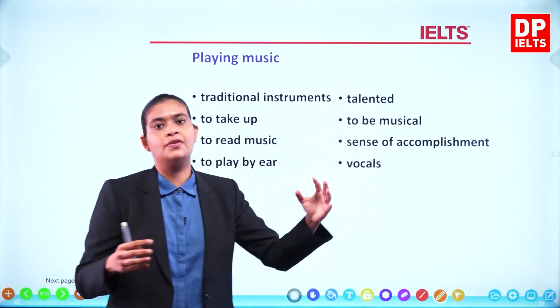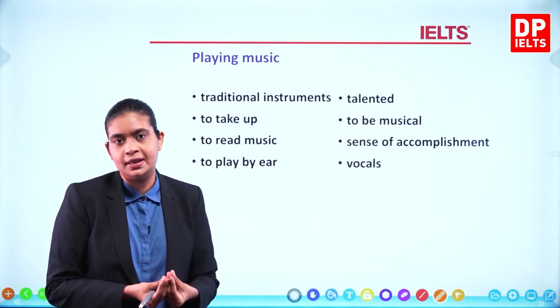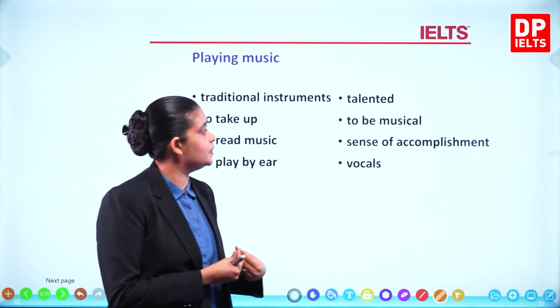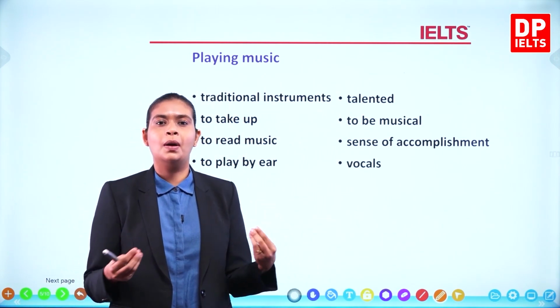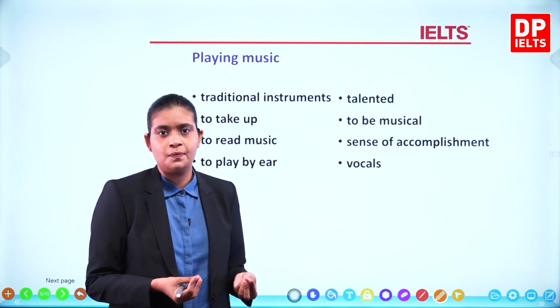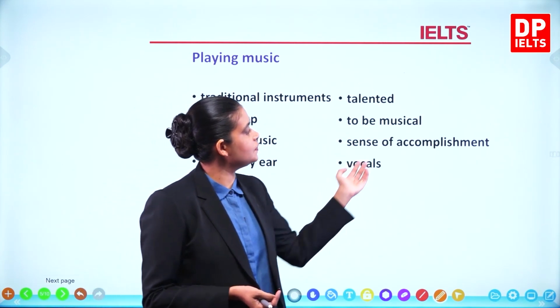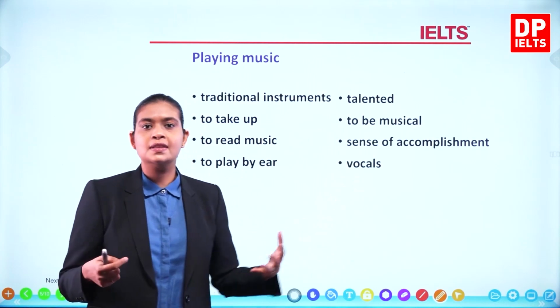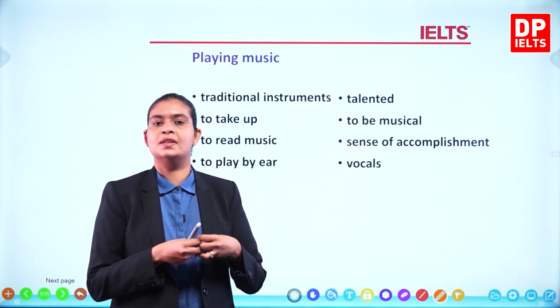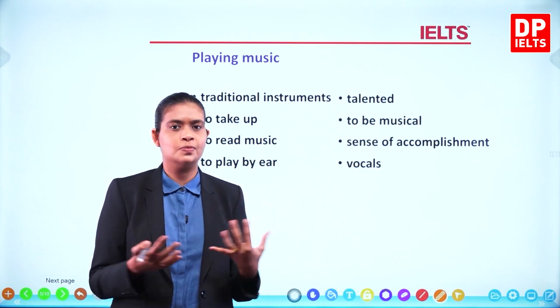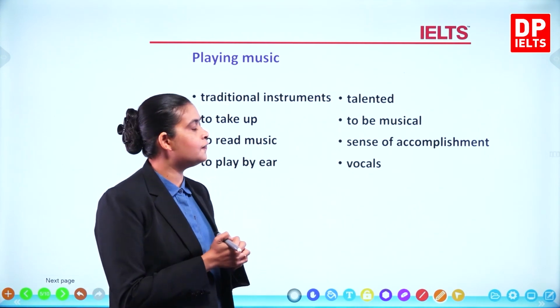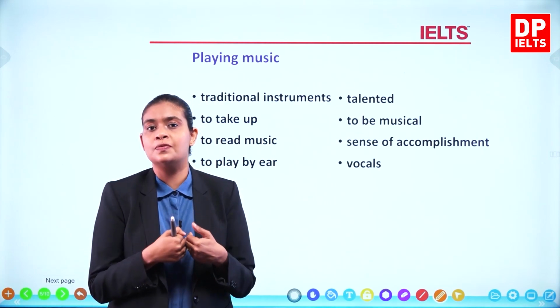Talented is that you have a natural inborn ability. To be musical is that you can come up with nice tunes and rhythms. Okay. Sense of accomplishment. When someone composes a song or when someone sings a song, right, using all of these rhythms, musical instruments and everything, right, if you do it well, you have a sense of accomplishment.